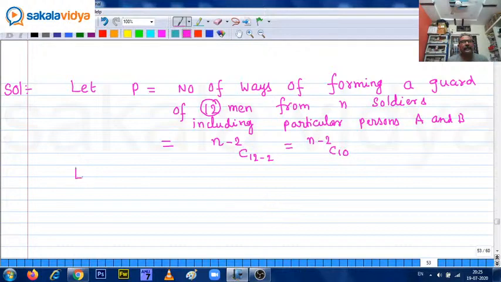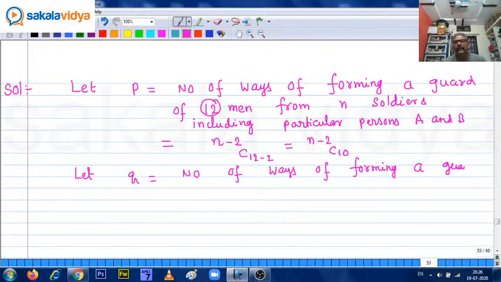Now let us say Q is equal to the number of ways of forming a guard of 12 men from n soldiers.